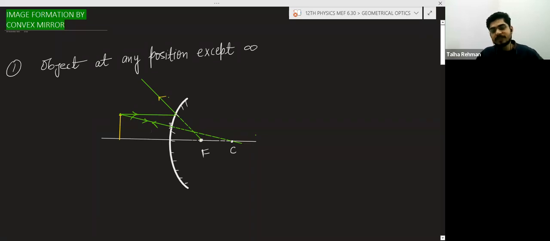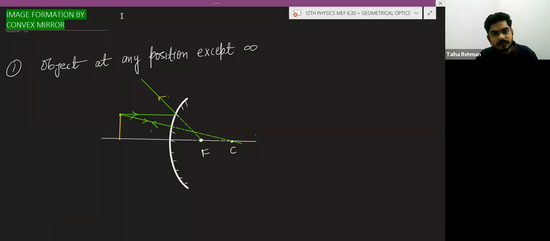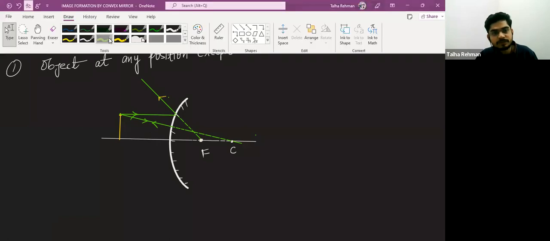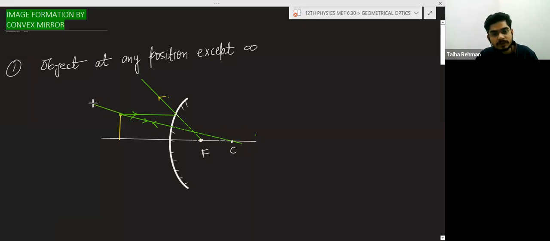So after reflection it will retrace its path. So if it will retrace its path, so this ray will go in this direction. Like this. This ray can go like this.